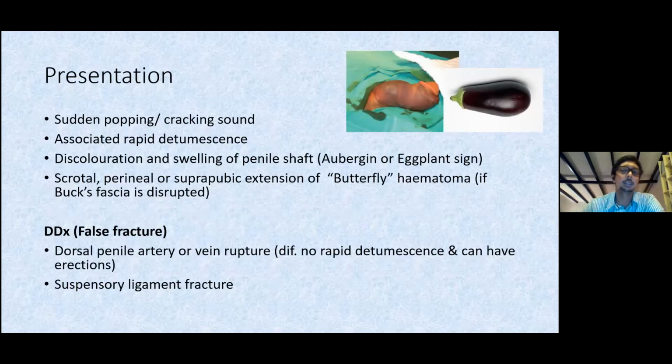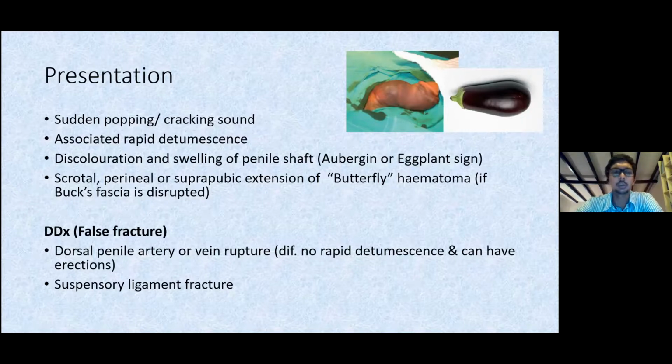As you can see, the eggplant sign occurs when the dartos is intact and the tunica is ruptured. But if the dartos is also disrupted, then you have spreading of the hematoma and the butterfly sign with a perineal hematoma.